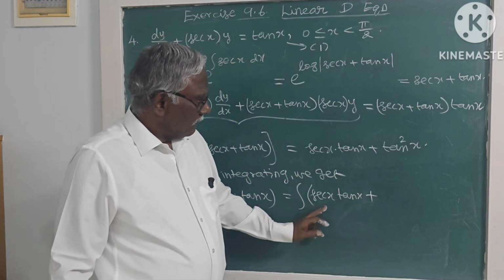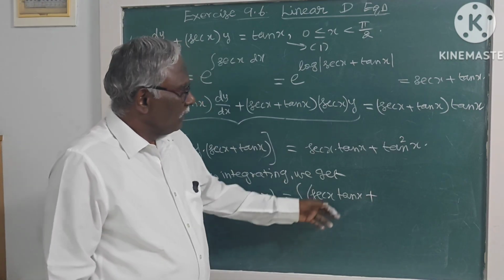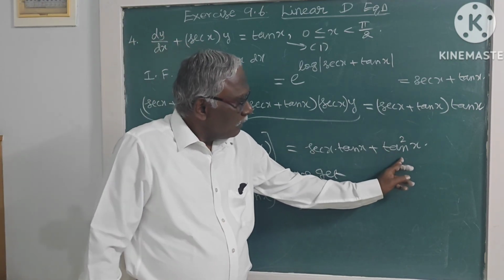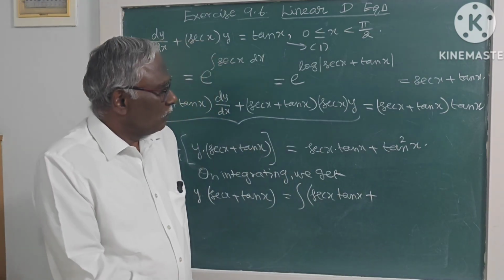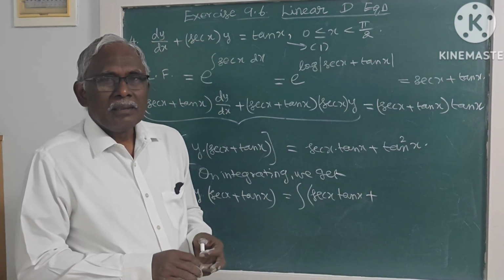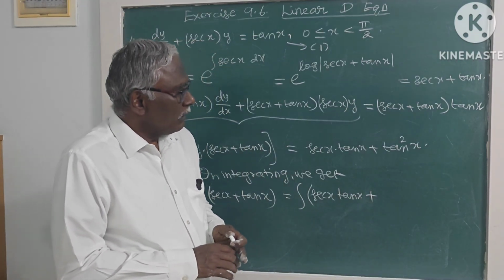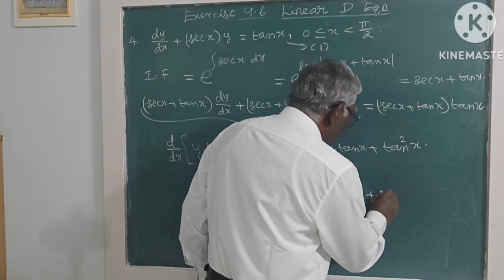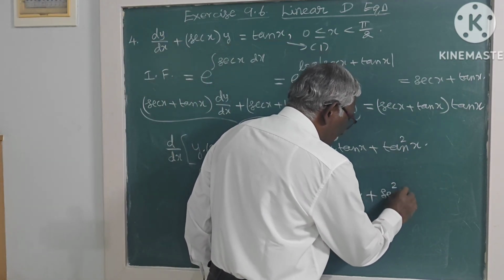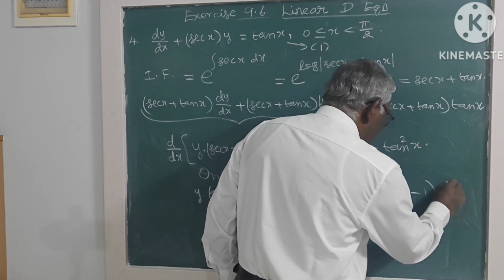So we know integral secant x tan x, but there is no standard formula to find the integration of tan square x. So we have to write tan square x in terms of secant square x. So this will be secant square x minus 1 into dx.